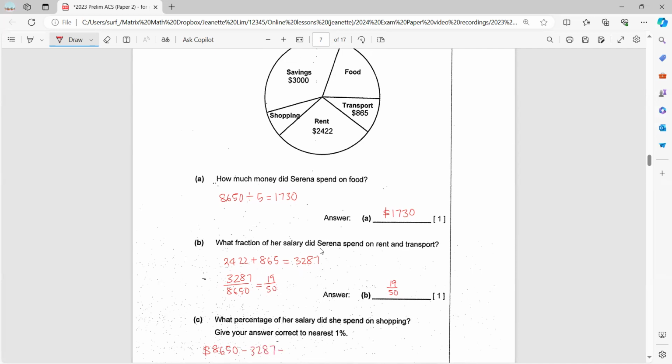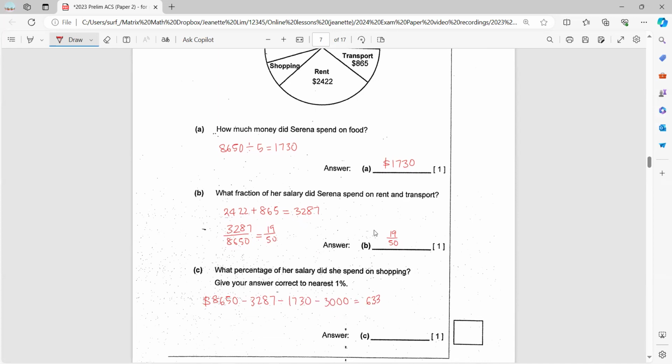Then minus the food, which is 1730 from part A. And then minus savings, which is 3000. You'll end off with $633.